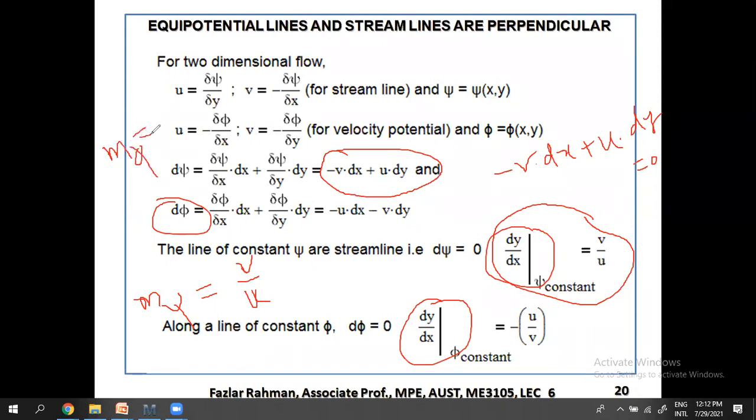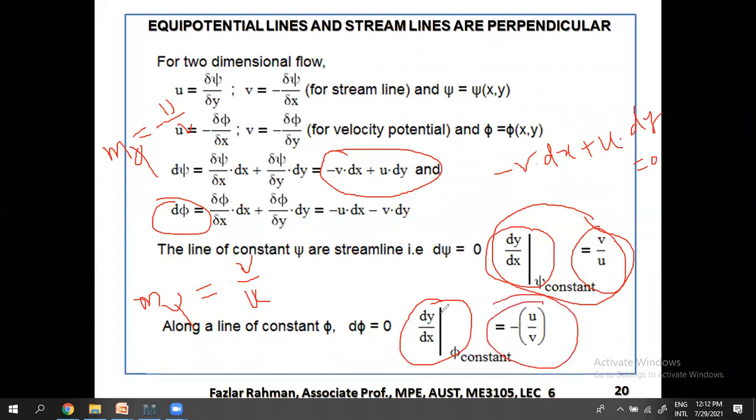M phi, the slope of the phi line, we are getting minus u by v. Now multiply these two, m phi into m psi, then you are getting minus 1, right? If you multiply this one and this value.